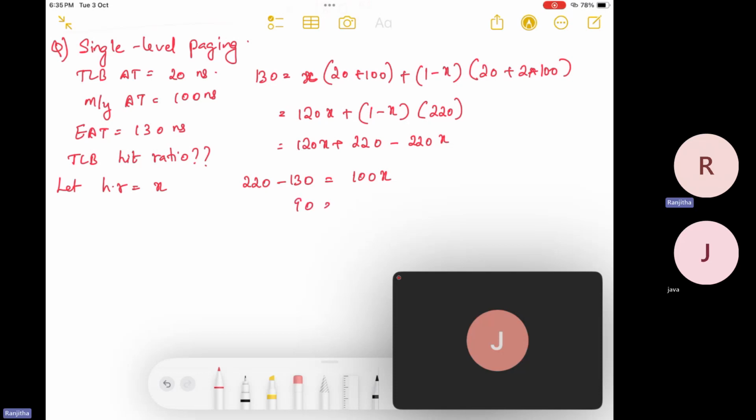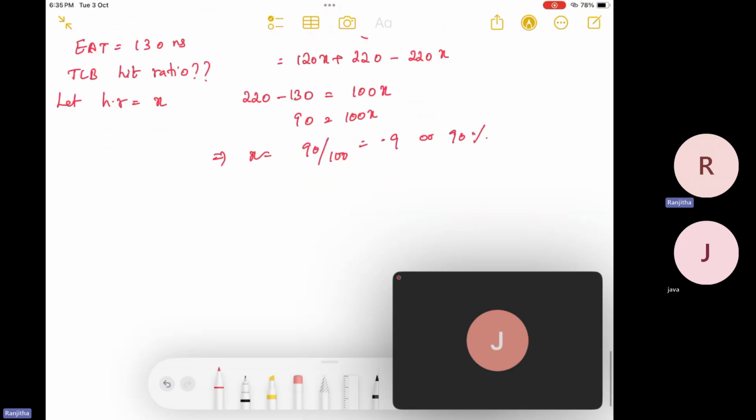So 90 equals 100X, which implies X equals 90 by 100, which is equal to 0.9 or 90%. So the hit ratio is 90%.